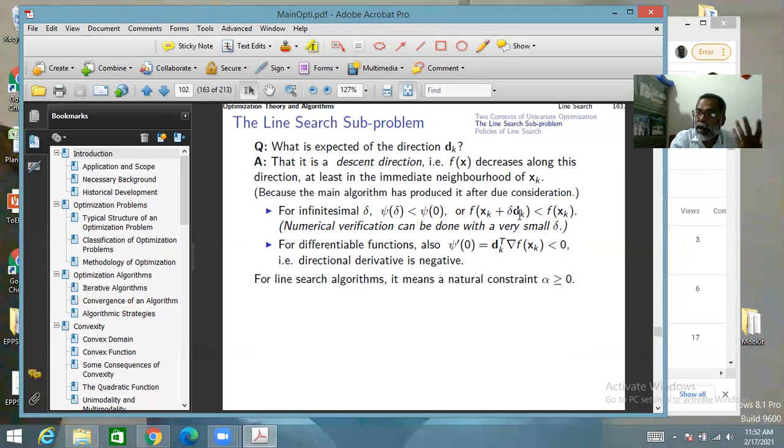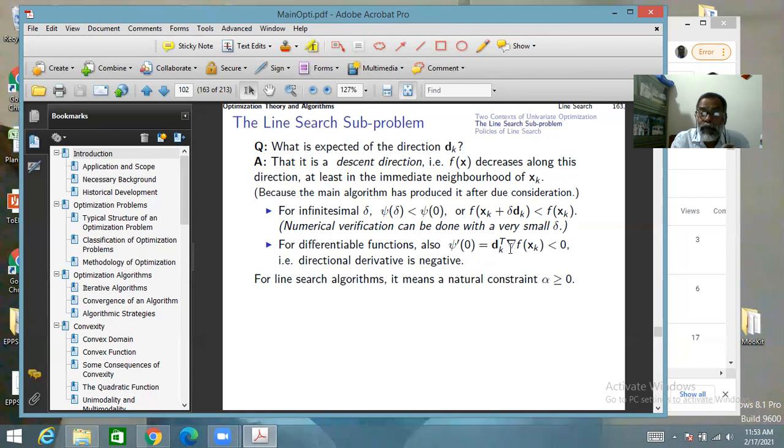That's it. If you want to verify that a direction is a descent direction, then rather than an infinitesimal delta, which you cannot supply, you supply a small value: 10 to the power minus 4, 10 to the power minus 3, sometimes even 0.01 will do. Now, for differentiable functions, a more straightforward way can be found. You can divide the difference by delta and then take the limit. So for that, you can simply say that the first derivative at that point is negative.